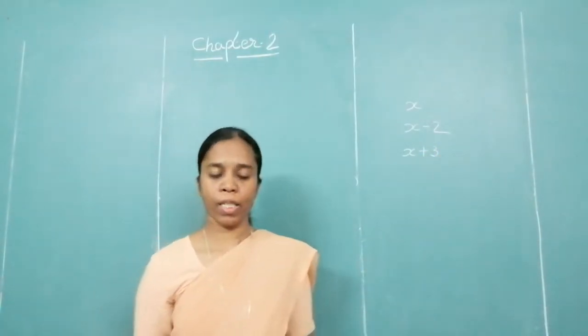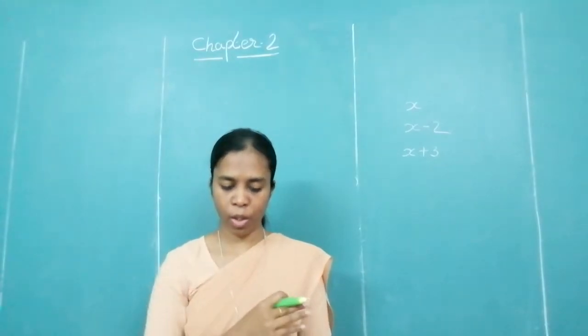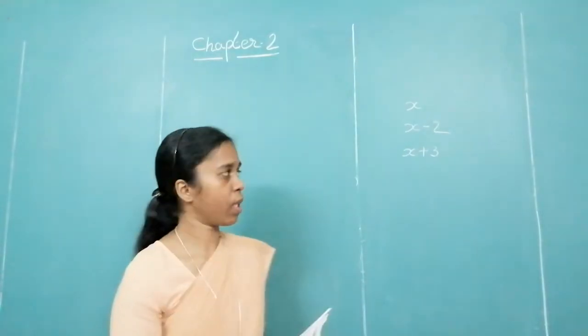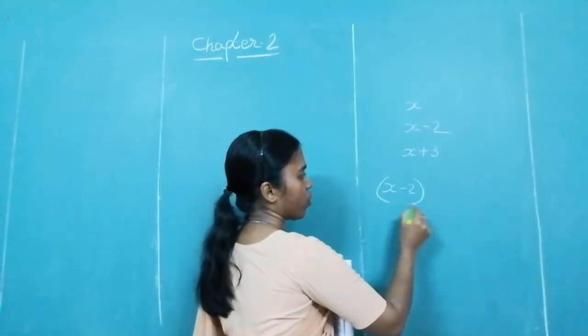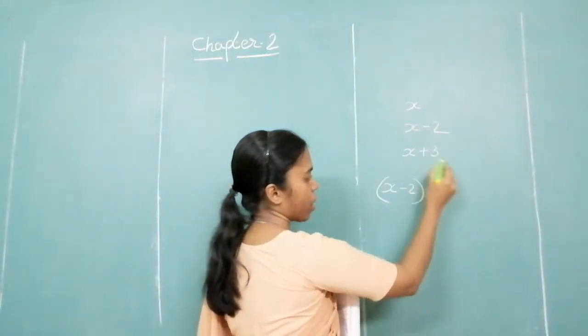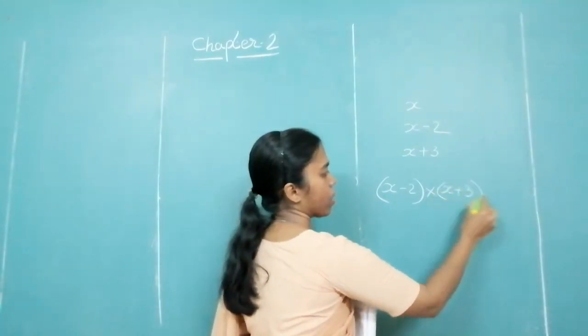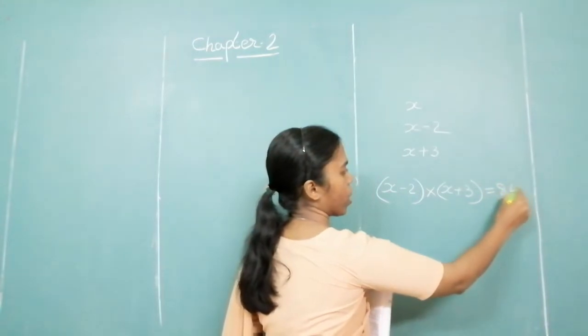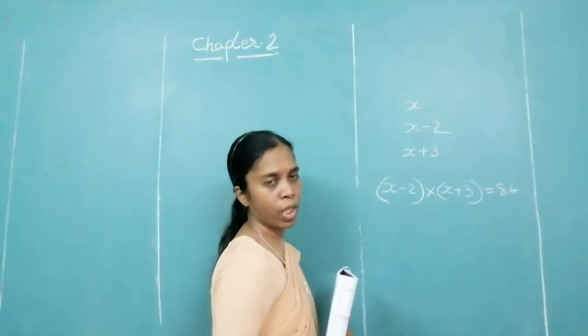Okay. Now what is the condition given? Product of Pragati's age 2 years ago and 3 years hence. Product means multiplication. 2 years ago it was x minus 2, 3 years hence it is x plus 3, is equal to 84. Open the bracket, you will get one equation.